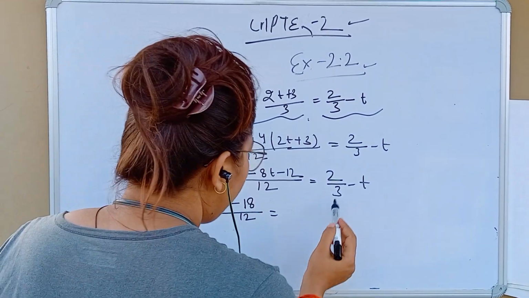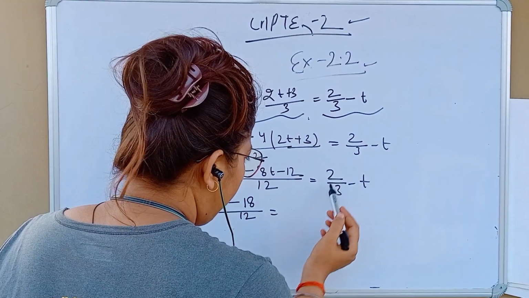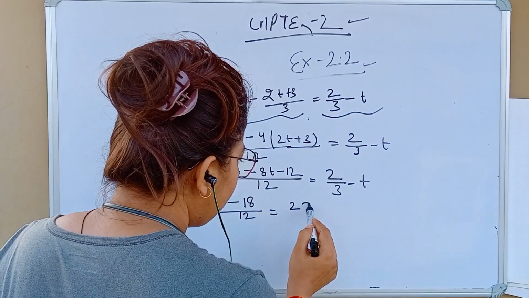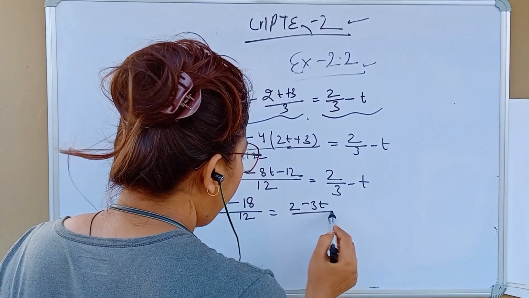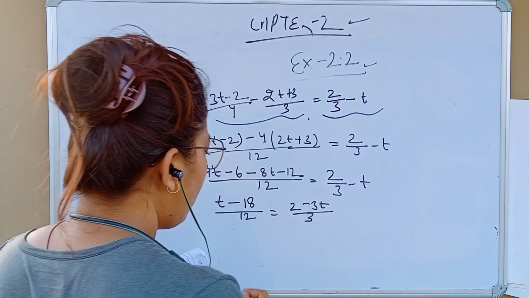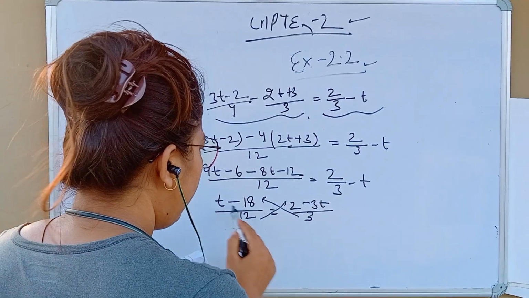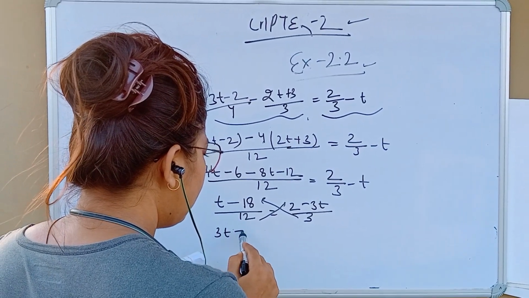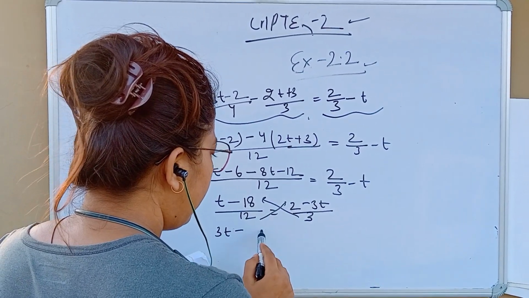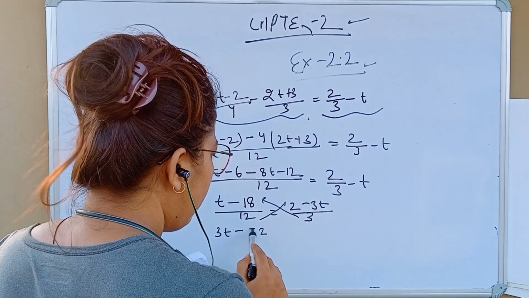Now the RHS has 2 minus 3t divided by 3. So what we do? Cross multiplication.